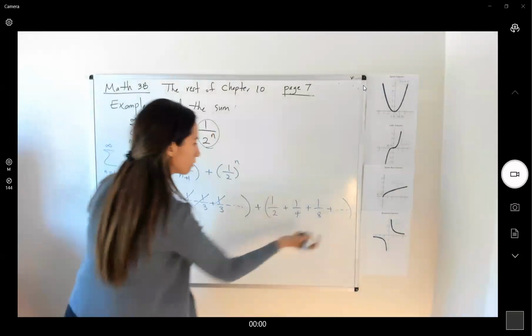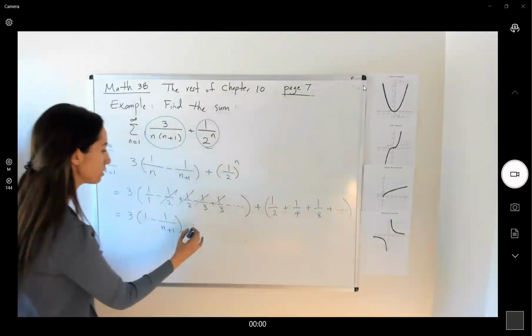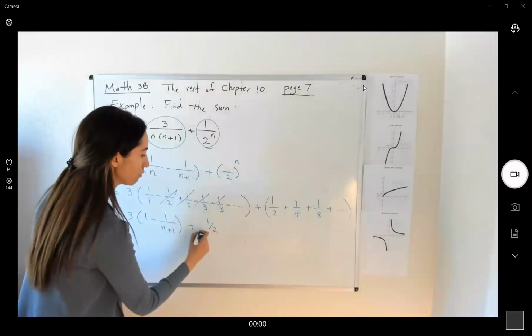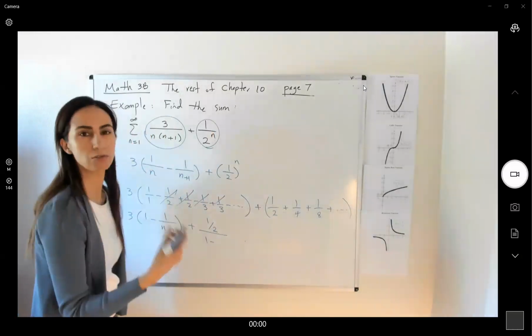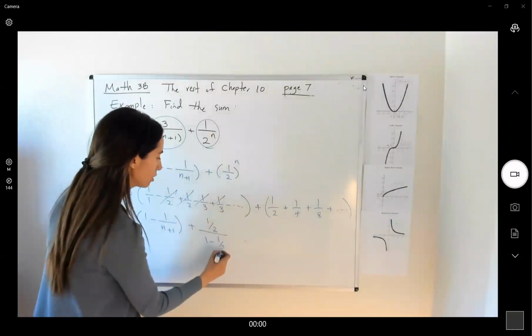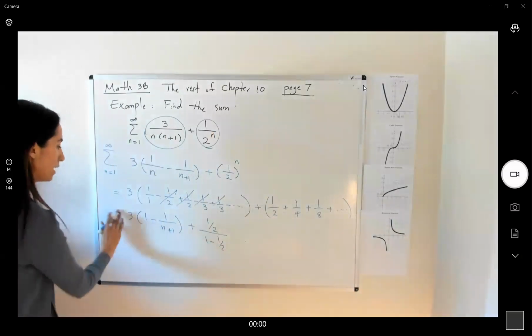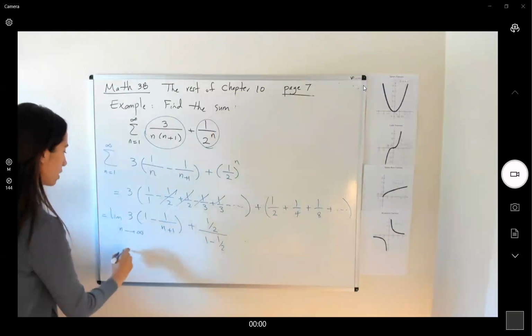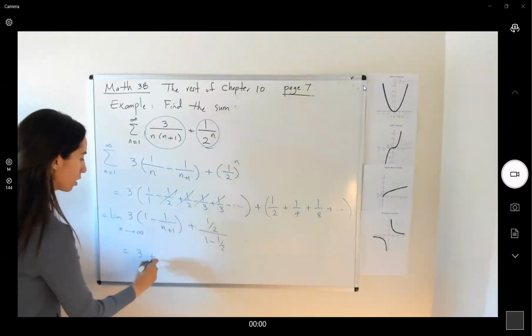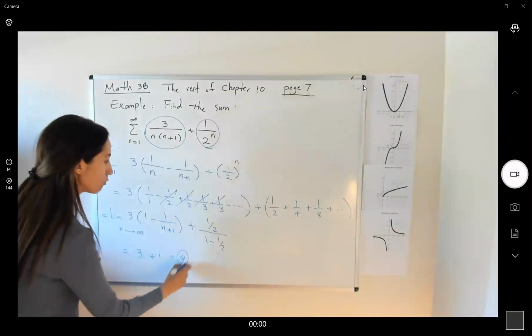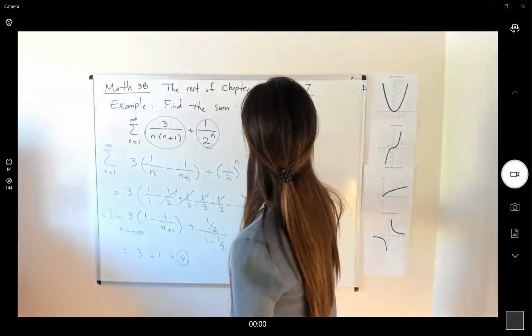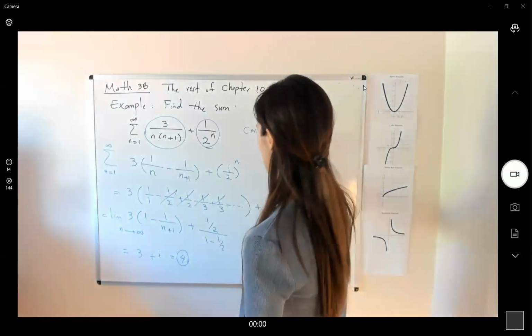And here you have just a geometric series, where the first term is a half, divided by 1 minus the ratio, which is a half. So this is 1. When n goes to infinity, you have 3 plus 1, which is 4. So this series converges to 4.